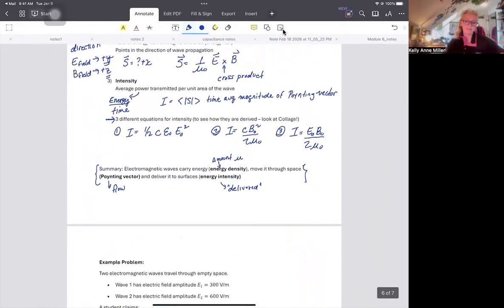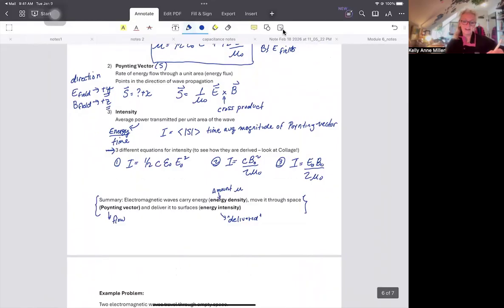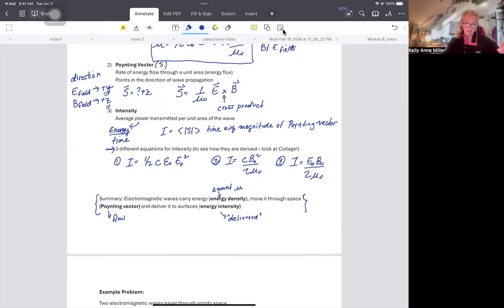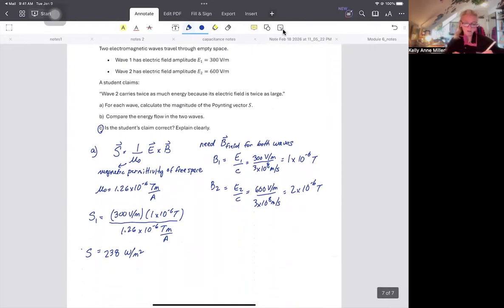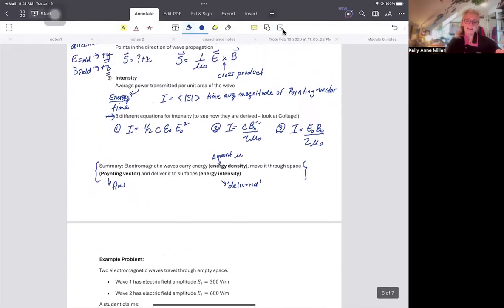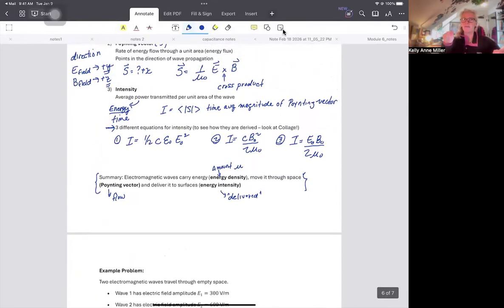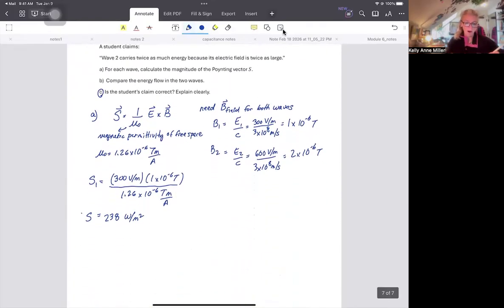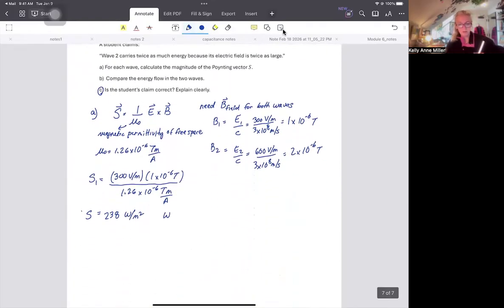If we look at the definition of a Poynting vector, this should make sense to you. The Poynting vector is the rate of energy flow through a unit area. The unit area is the meter squared, that's the unit on the bottom. And the rate of energy flow, which is just energy per time, is power, measured in watts.